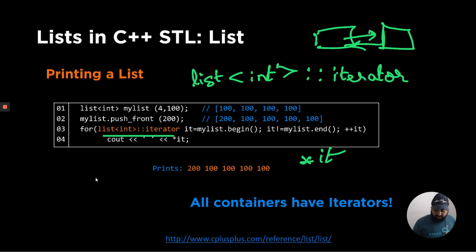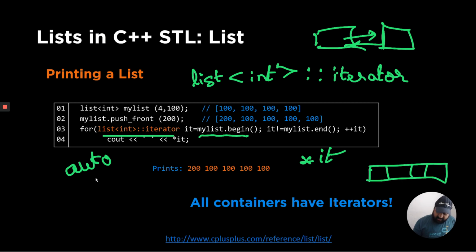If you want, you can also use auto. That's absolutely fine if you don't want to memorize this. And what the mylist.begin function does is it returns an iterator. It's not exactly a pointer, but it gives you an iterator to the first element of the list, which in this case is 200.